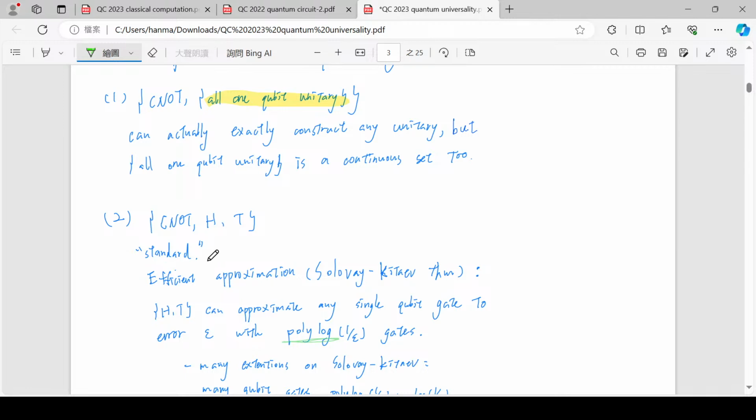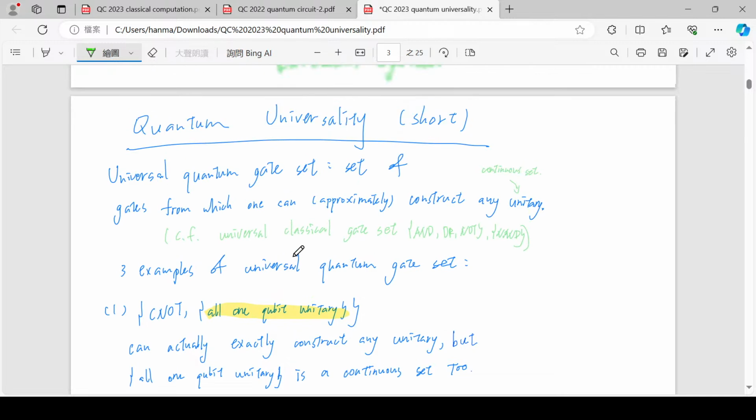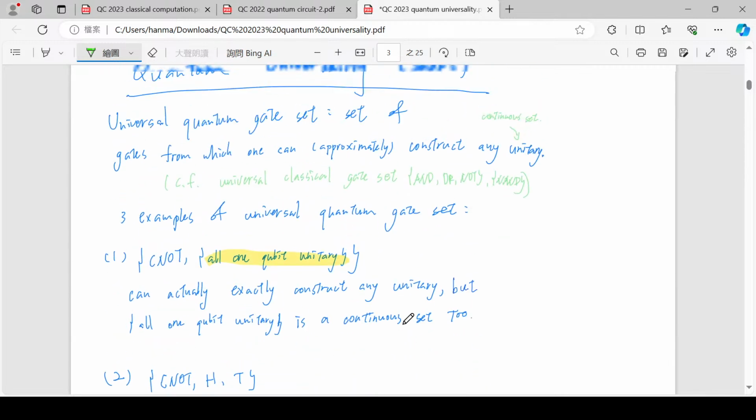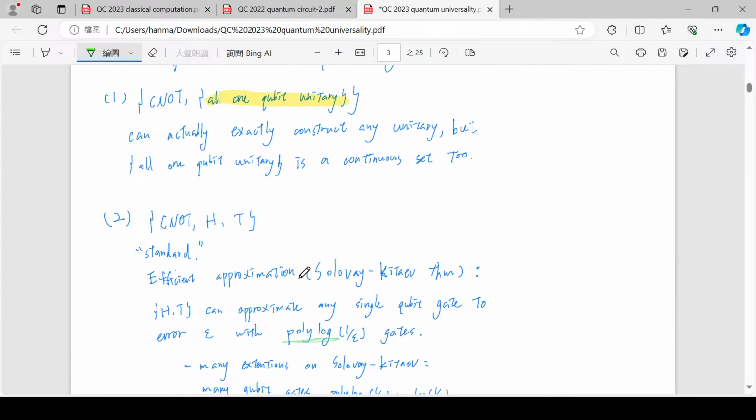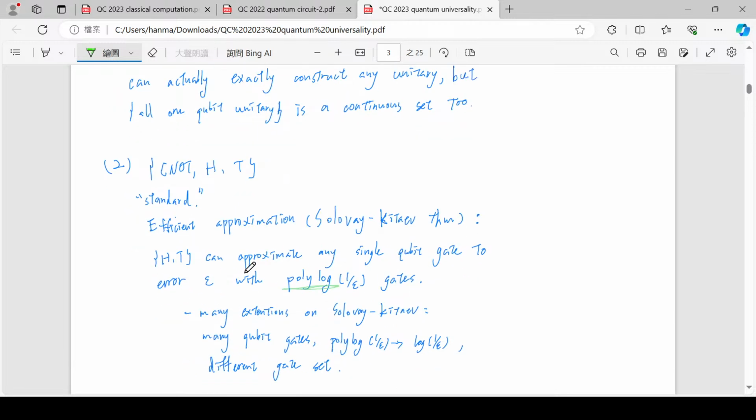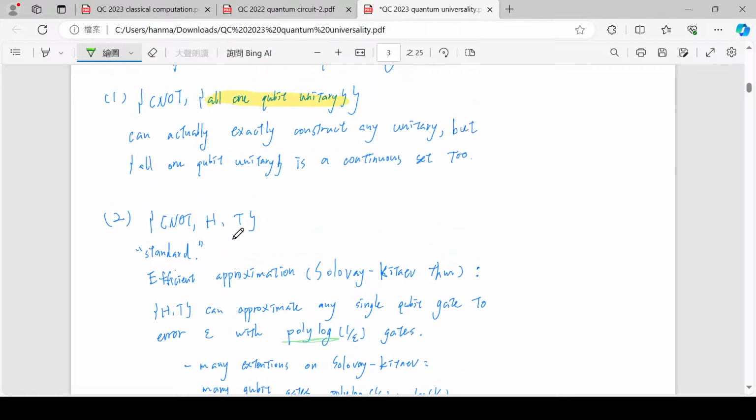And the theorem says that the approximation to every unitary is efficient. So here we have this approximation, and we have a very famous theorem called Solovay-Kitaev. Solovay-Kitaev says that you can approximate any unitary with this gate set to some error epsilon using only polylog 1/epsilon gates.